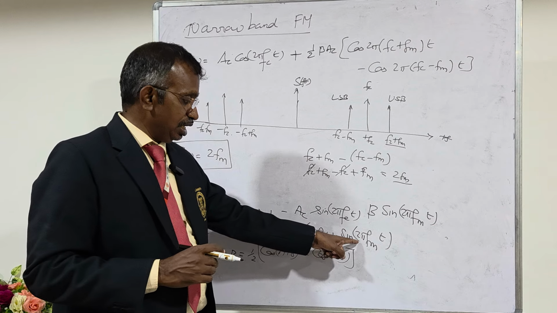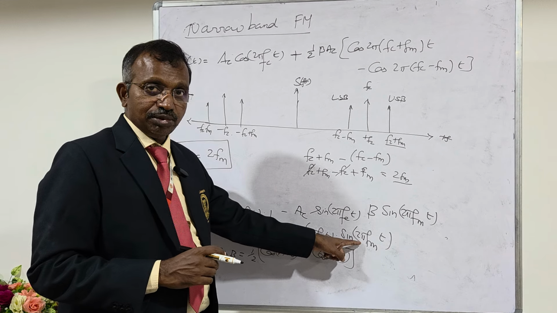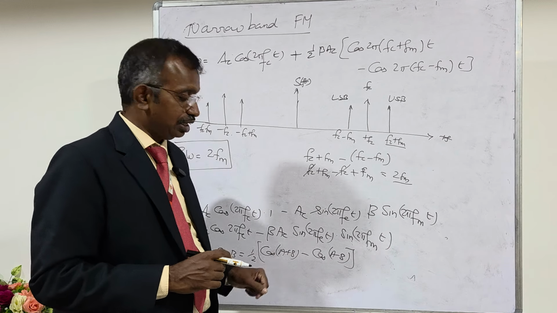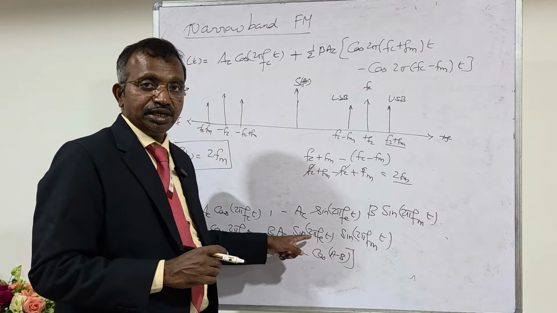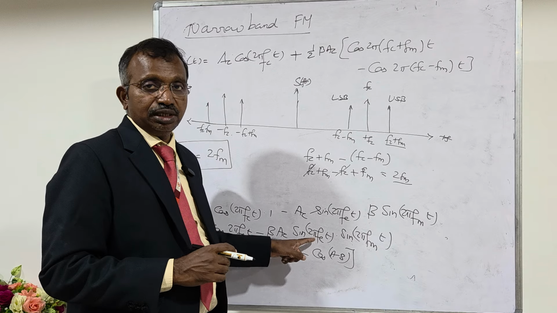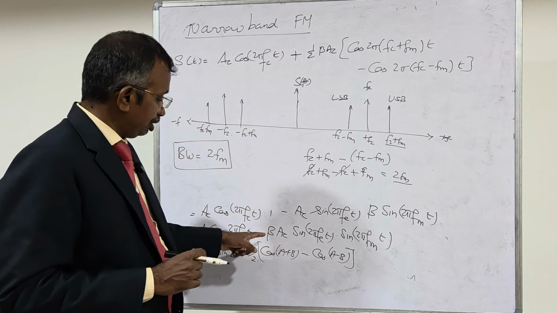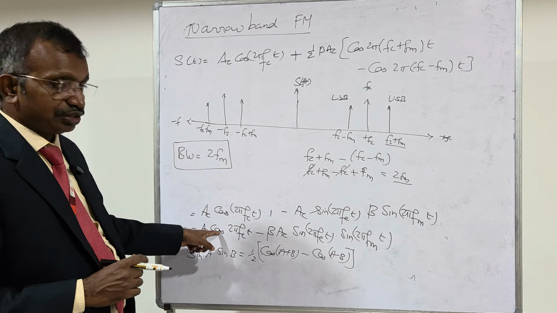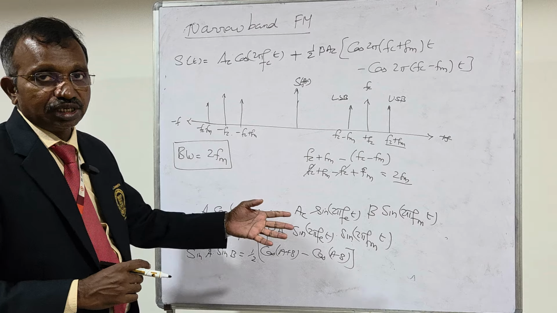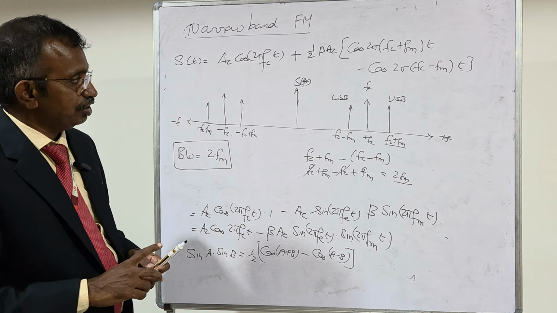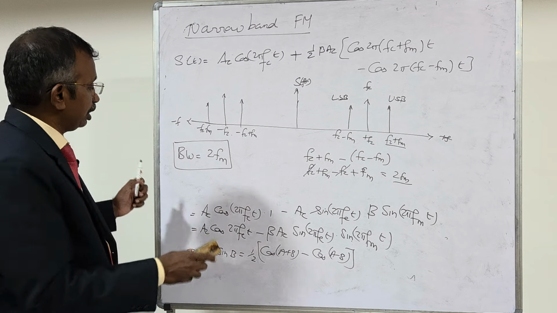This term is obtained by integrating the message signal, and this is by 90 degrees phase shifting the carrier signal. Then these two are multiplied, and finally you have to subtract from the carrier component. That will give you the narrowband FM signal.